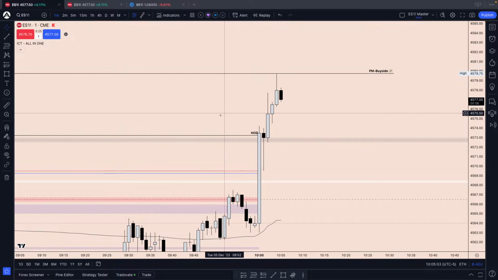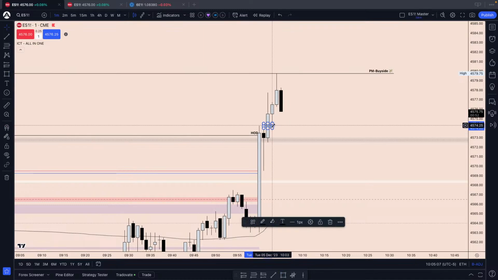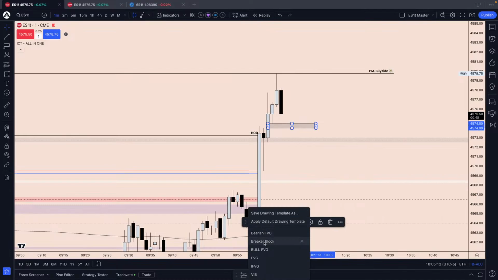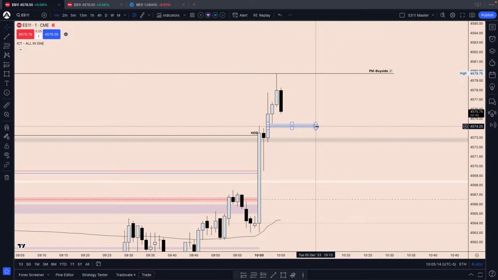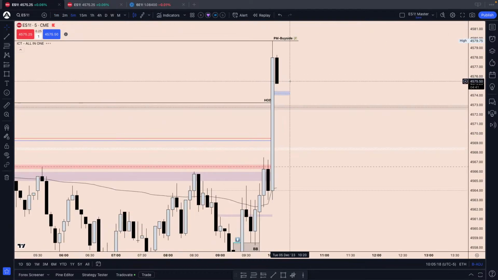Equal high PM buy side. Bullish fair value gap coming in right here. That's a new 5-minute candle.